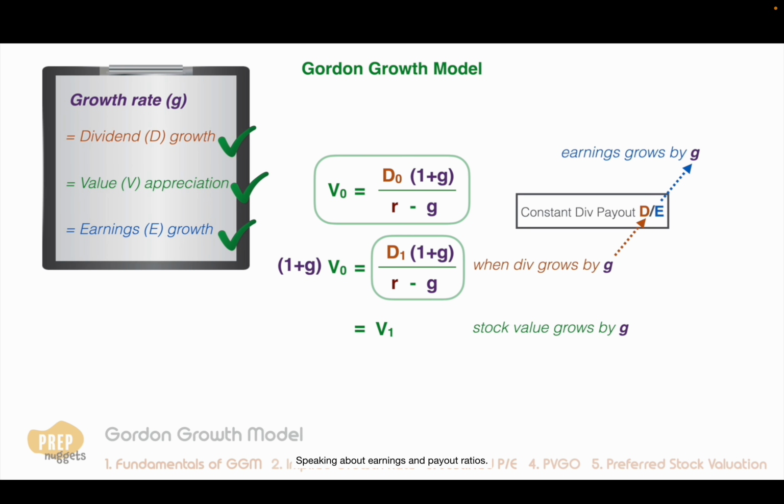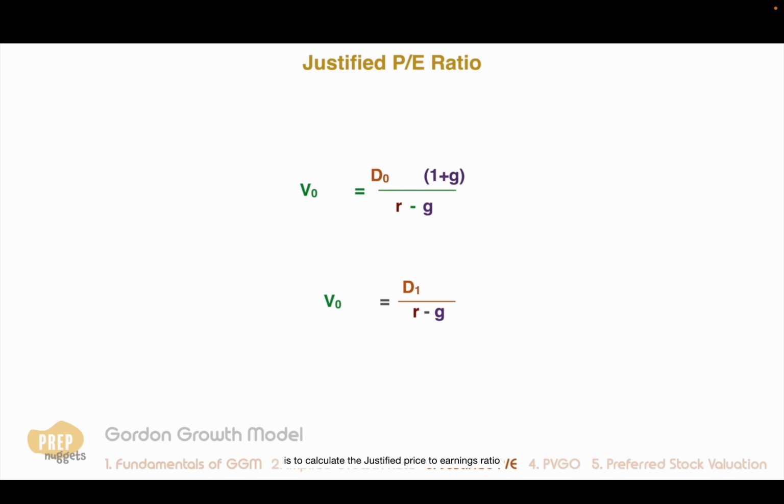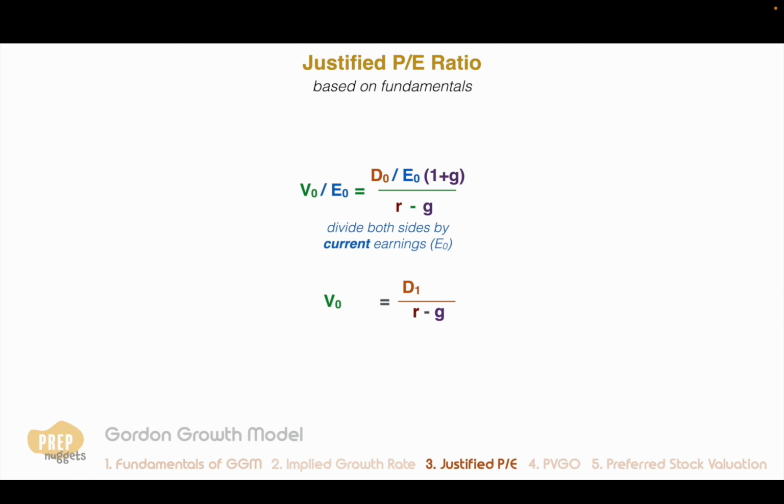Speaking about earnings and payout ratios, another application of the Gordon growth model is to calculate the justified price-to-earnings ratio of the firm based on the firm's fundamentals. If we divide both sides of the equation by current earnings, E0, we get this equation. On the right-hand side, we have the current dividend divided by current earnings in the numerator. This is the current dividend payout ratio.